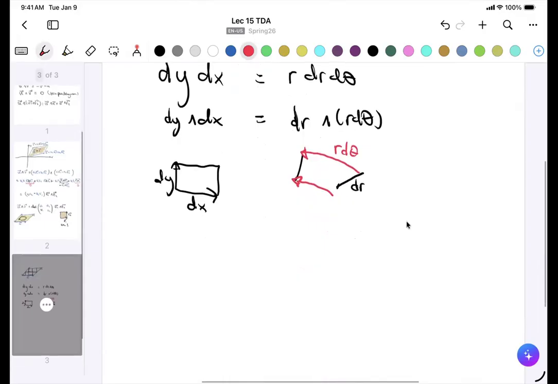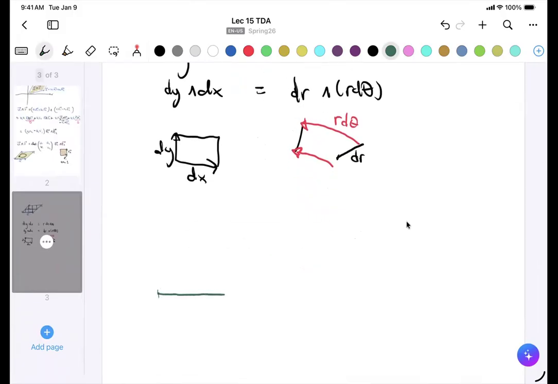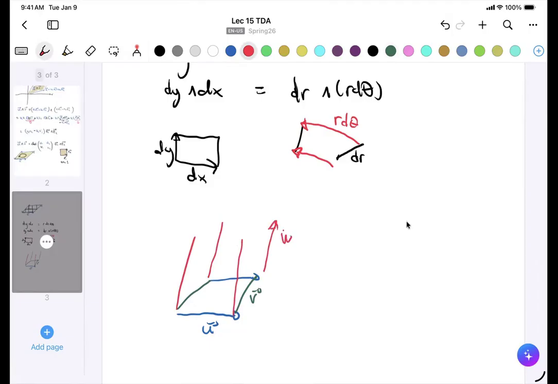So if you had U, V, and W, then the wedge product of U with V with W is kind of like an oriented parallelepiped, right?